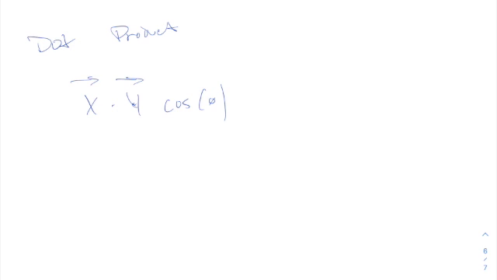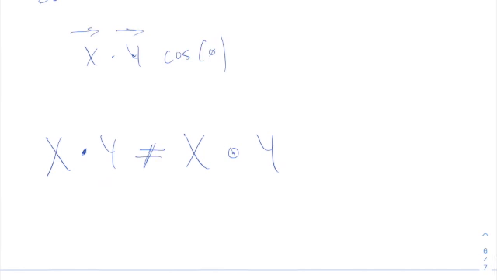So we do the actual dot product as this, and then we represent the dot product made by the computer as that. So these are not the same. Usually this one I think is less. So sorry, that one's greater.